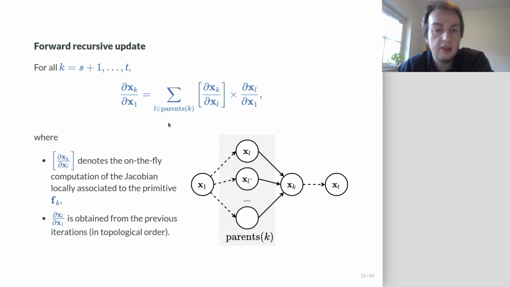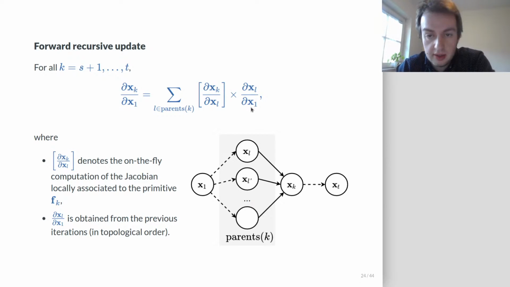And then you would apply this recursive update in which you express the Jacobian of some variable xk with respect to x1 as the sum over the direct parents of xk, which we denote by L, of the product of the Jacobian of xk with respect to this parent and the Jacobian of the parent with respect to x1, right?